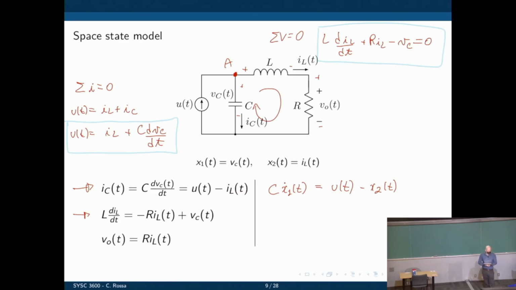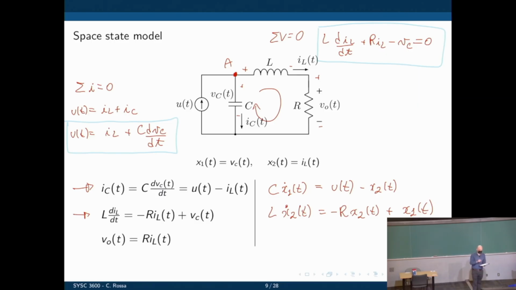The second equation there is dIL dt. Now you get it. The dIL dt is x2 dot. So this is L x2 dot of t equals negative R times IL, that is x2, plus VC, which is x1 of t. Aha, interesting.